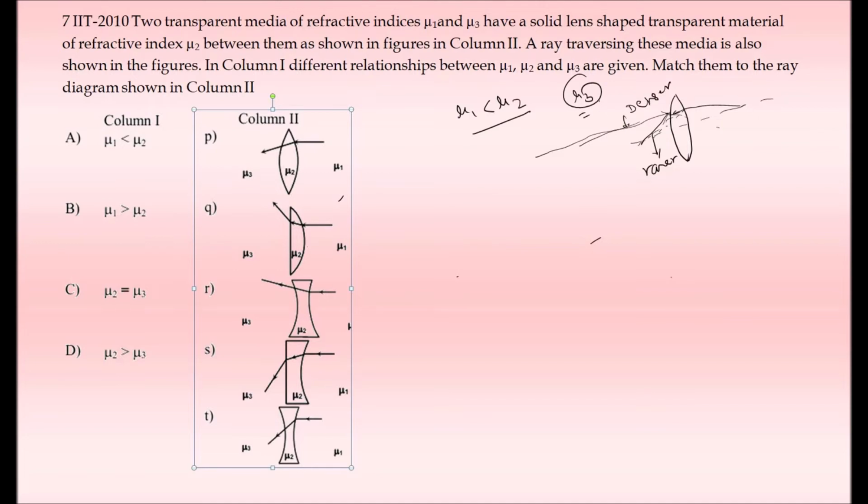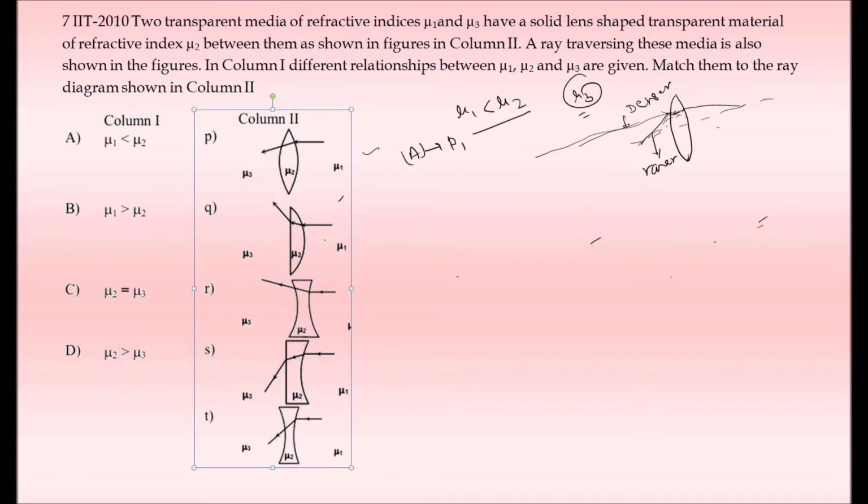As nothing is said about mu3, we consider both cases and we may say that the light ray may move in between them. So here if you see the light ray coming without any deviation, it means mu3 is equal to mu2, and the option P is correct for option A. So for option A, P is correct.